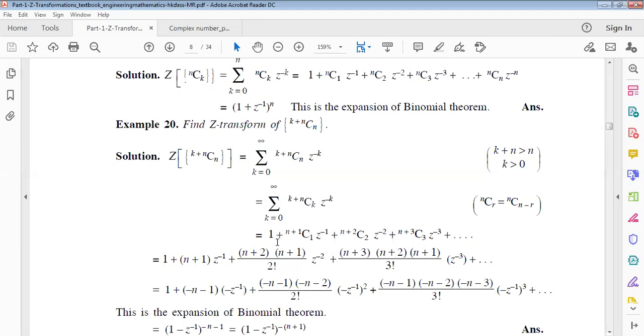So we get 1 plus nC1, nC2, just putting k equals 1 for this one, k equals 2 for this, k equals 3 for this. Now we can write this series: nC1 means n plus 1, nC2 means n into n plus 1 divided by factorial 2, right? nC3 means n into n plus 1 into n plus 2, divided by factorial 3, z to the minus 3.